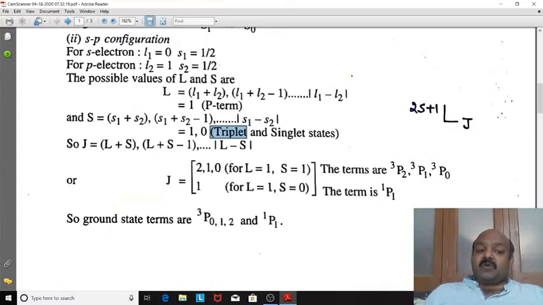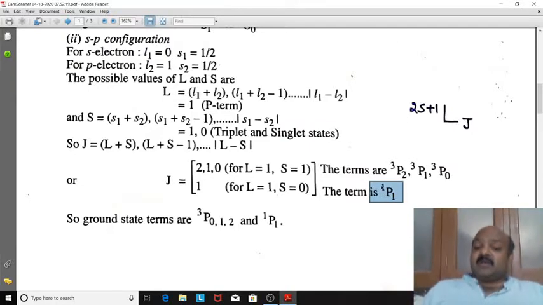So corresponding to capital S value 1, we will be having a triplet state, 3 terms here. For S value 0, this is called singlet state, and we have 1 term here.